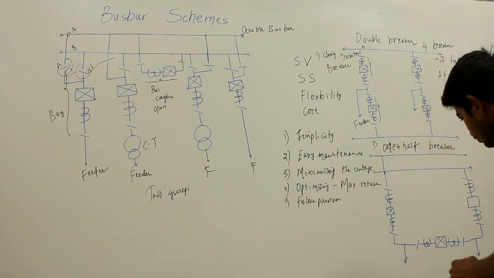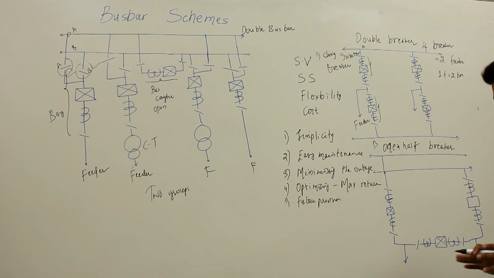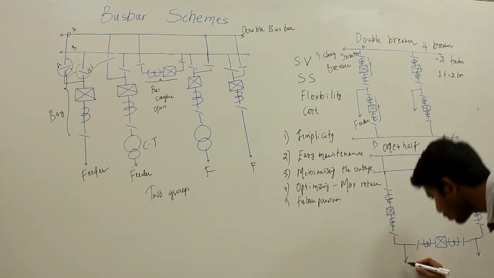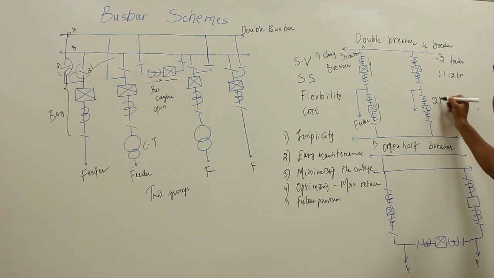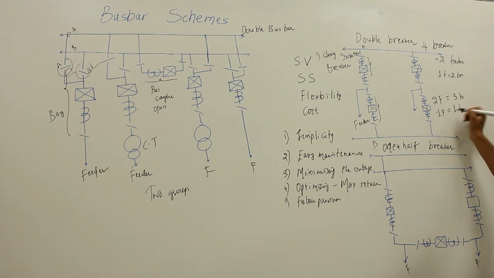Here one spare breaker is provided for every 2 circuits, so for 2 feeder circuits we are using 3 breakers. 2 feeder circuits, 3 breakers, that means for 1 feeder circuit I am using 1.5 breakers. So this is how the name came.